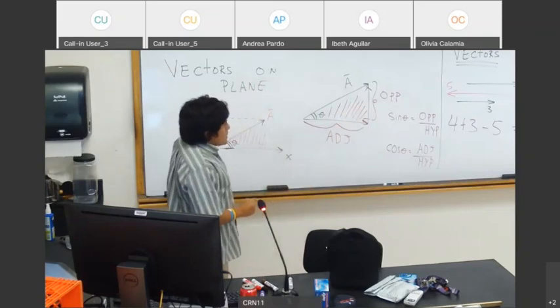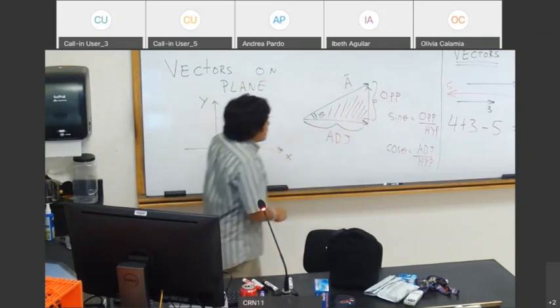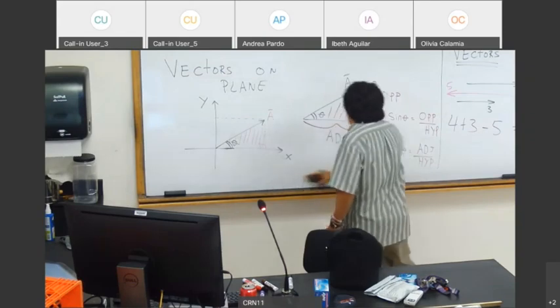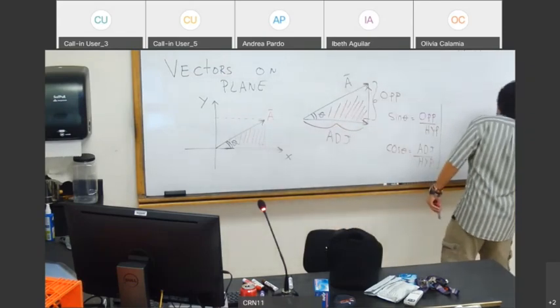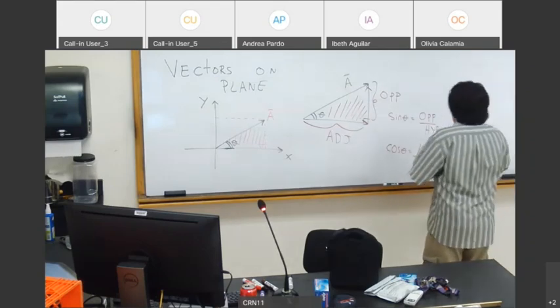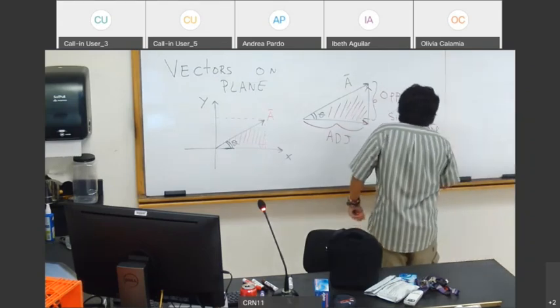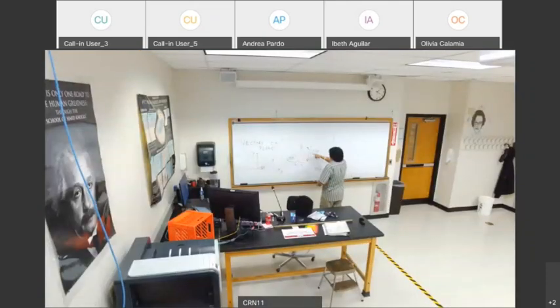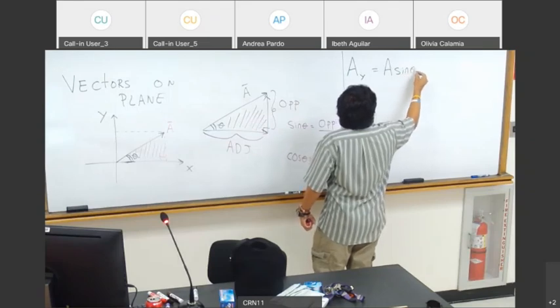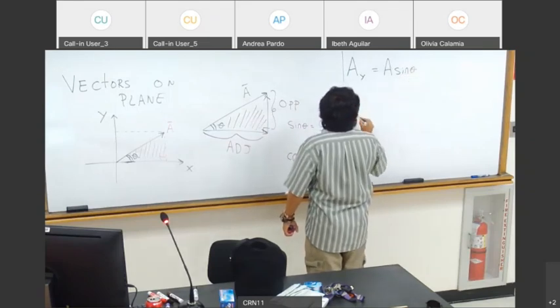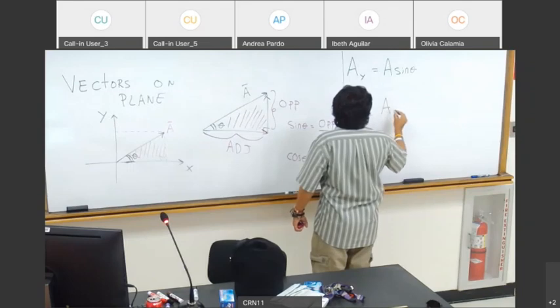All right. So if I use that, then my AY and AX will be as follows. The AY, which is the vertical component, because it's the opposite, will be A sine theta. And AX will be A cosine theta.